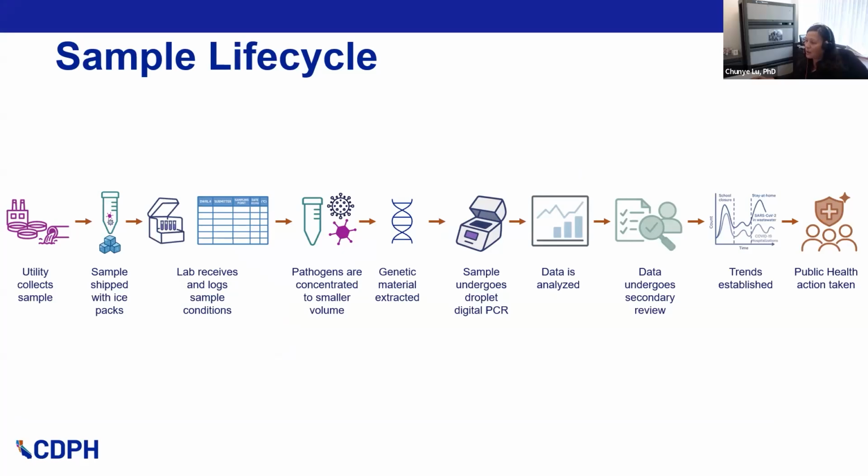After that, we will do ddPCR to detect the various pathogens we are monitoring, followed by data analysis and review. After that, all data that pass our quality control will be reported and displayed in various internal or external dashboards. Ultimately, this data helps inform public health actions.